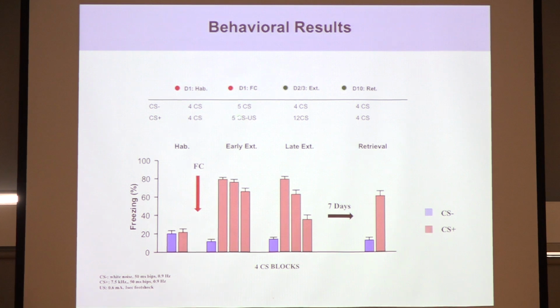We conditioned the animal to the CS plus only, and we have 2 days of extinction, extinction 1, extinction 2. After extinction 2, you get a significant reduction of conditioned fear responses. And if you test the animal in the extinction context 7 days later, you get a recovery of conditioned fear responses. So this is the classical behavior, and we recorded the activity of interneurons and pyramidal neurons during each of the behavioral sessions.